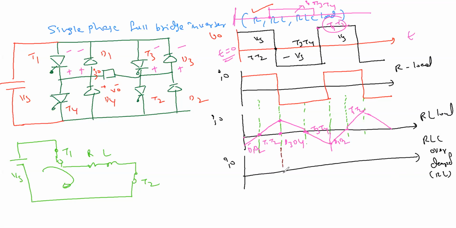We'll see the same current, but it's a little bit wavy, not just a rectangle, it's a little bit more like a sinusoid. The scenario is the same here. T1, T2, D1, D2, D3, D4, T3, T4.